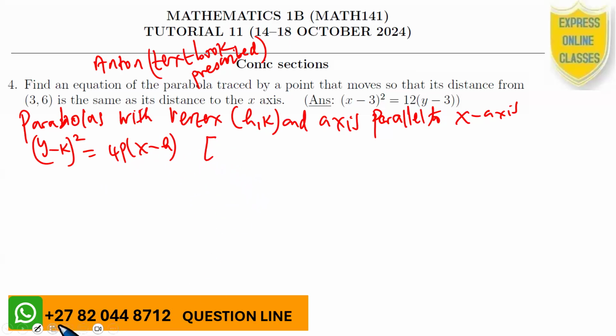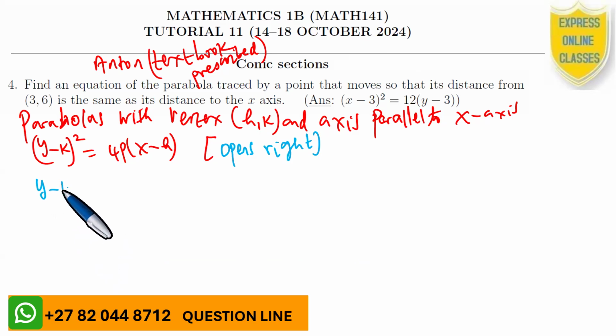And then we write here: opens right. Now there's another one.